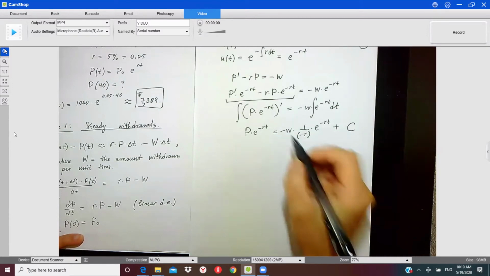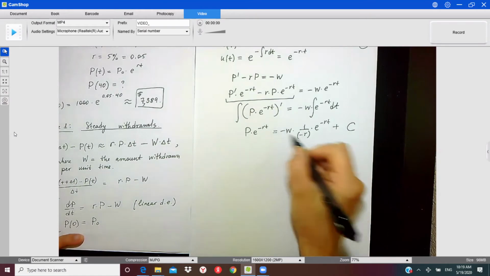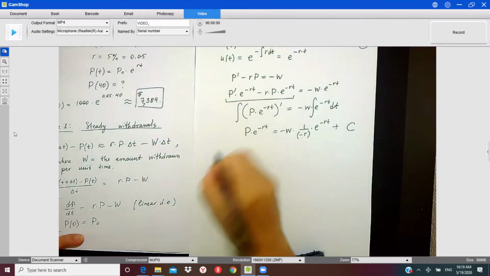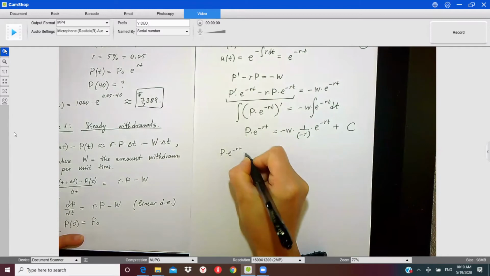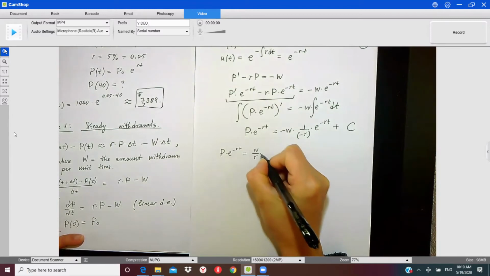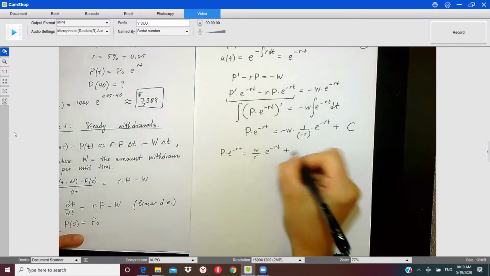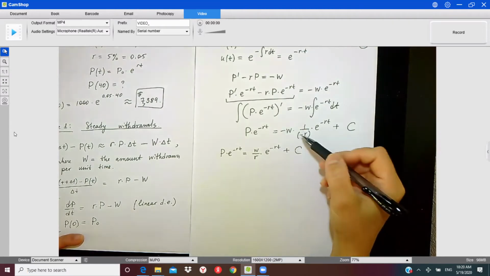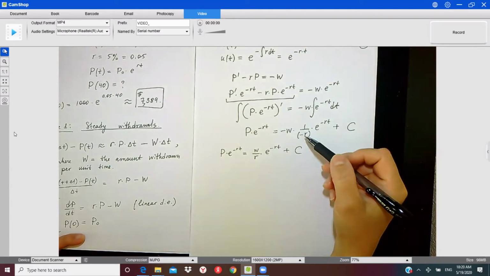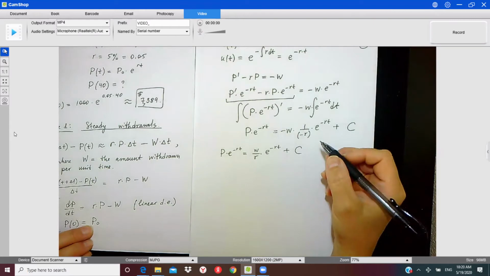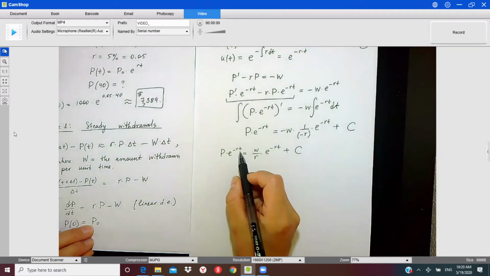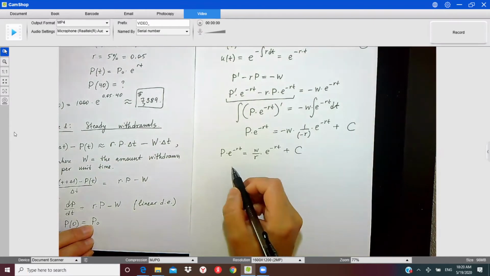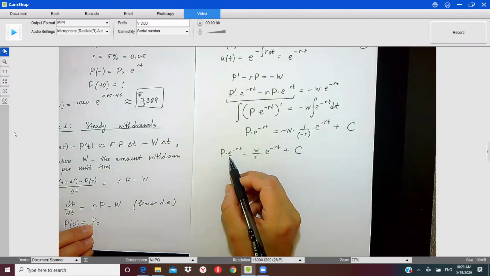I'm going to cancel these two negatives. So let's see, basically I cancel minus here and minus in the denominator. Divide both sides by e to the negative rt, or alternatively multiply both sides by e to the positive rt.